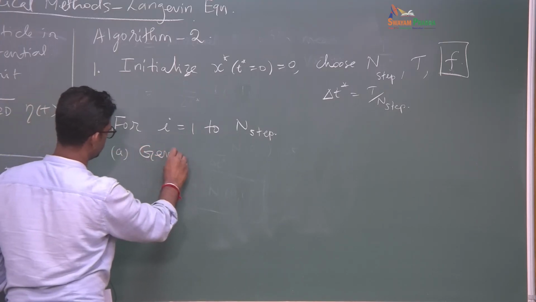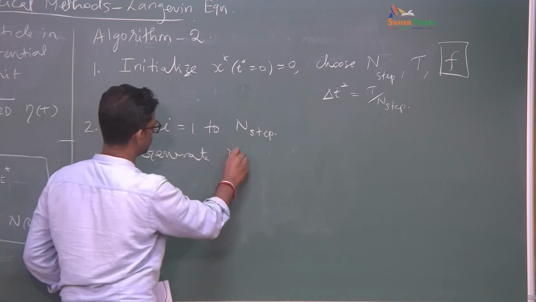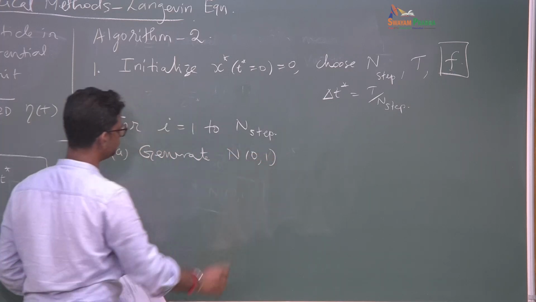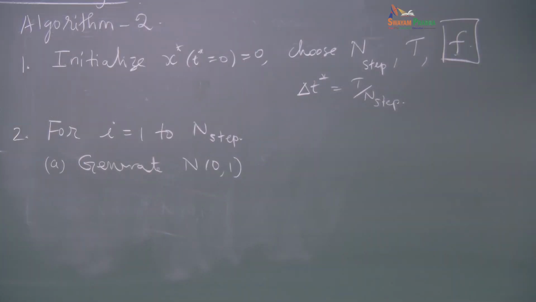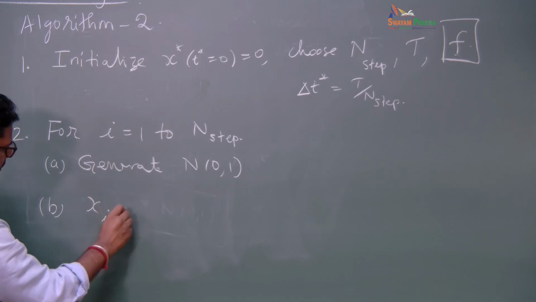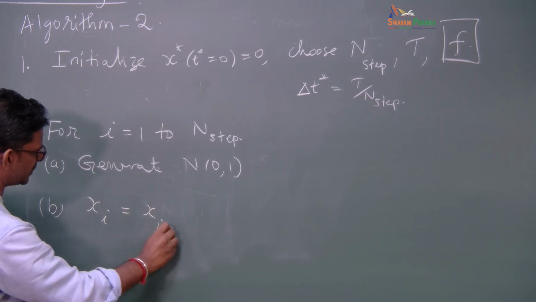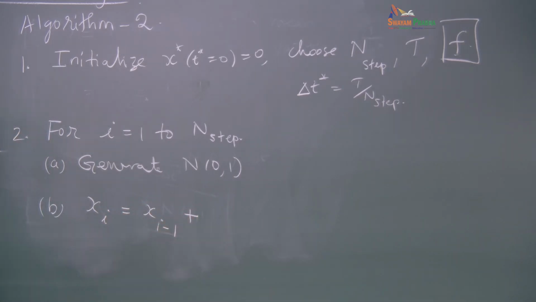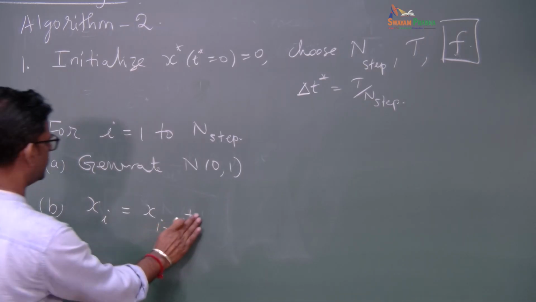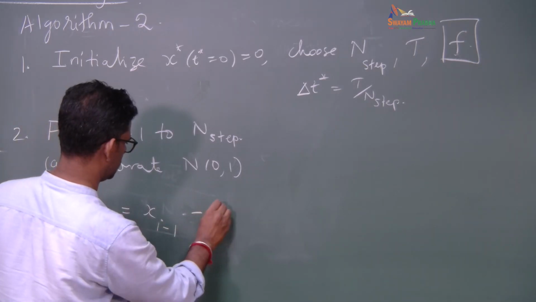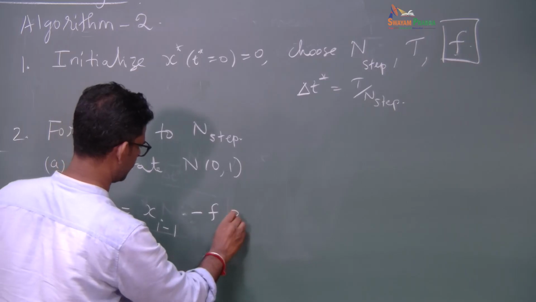So generate a normal random variable. Then I apply this increment. So x i is equal to x i minus 1 plus, or rather minus, f times x i minus 1 times delta t star, plus the noise term.